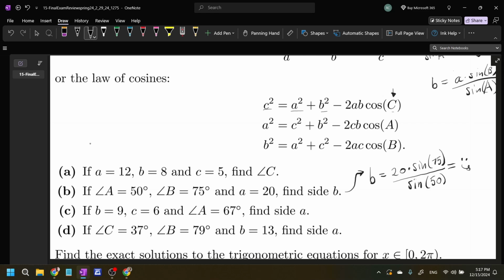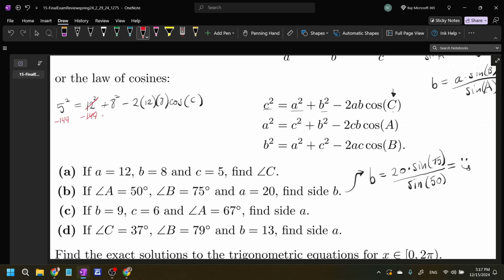So let's do that. C squared, so 5 squared equals 12 squared plus 8 squared minus 2 times 12 times 8 times the cosine of C. Okay, I'm doing this in my head, so I'm going to subtract 144 from both sides because 12 squared is 144 and that cancels out.